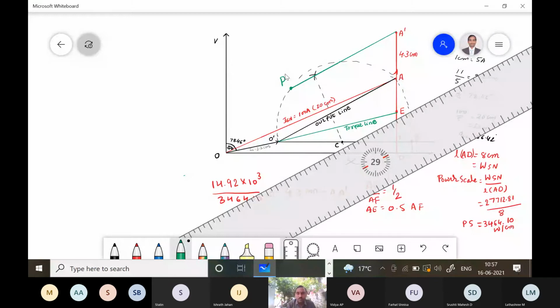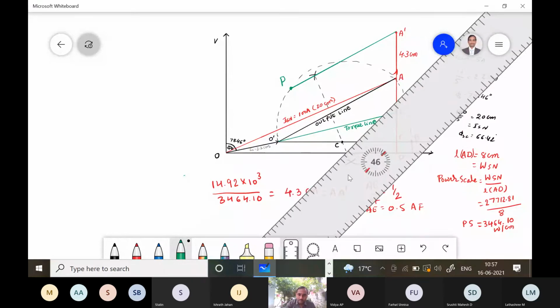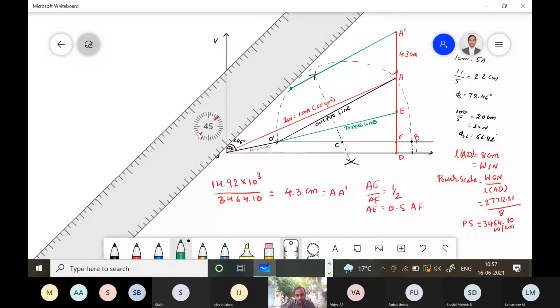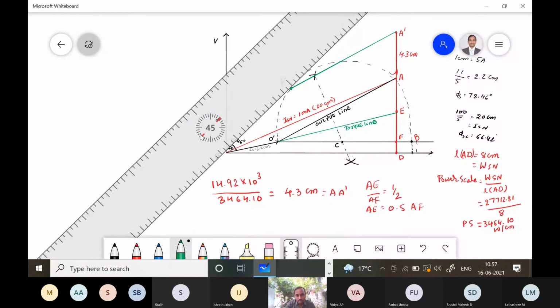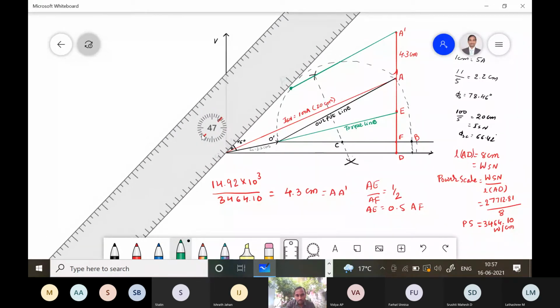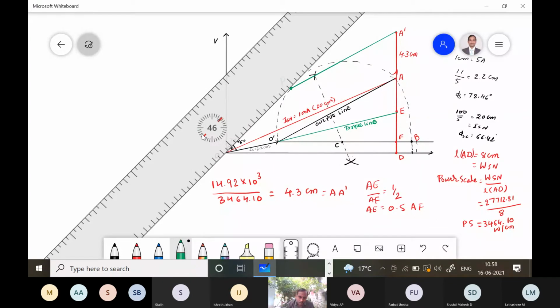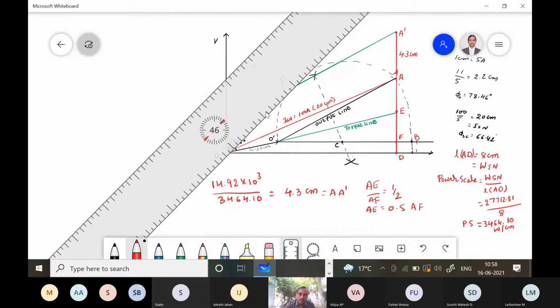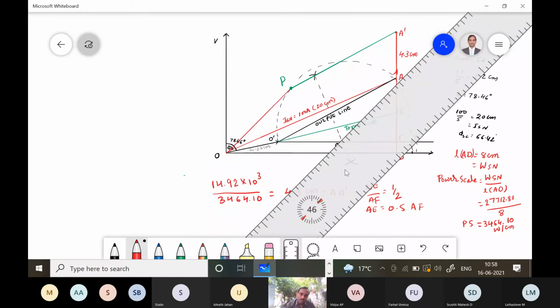So now join OP, and measure the distance of OP and also measure the angle.